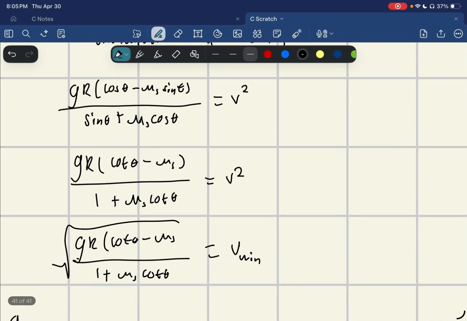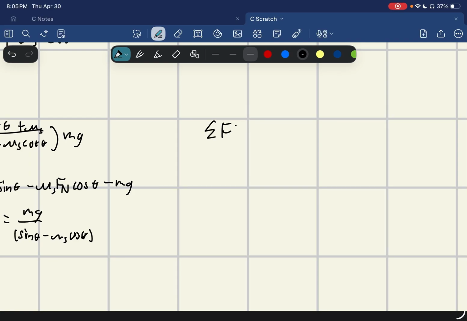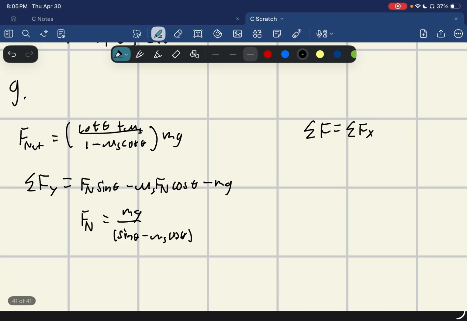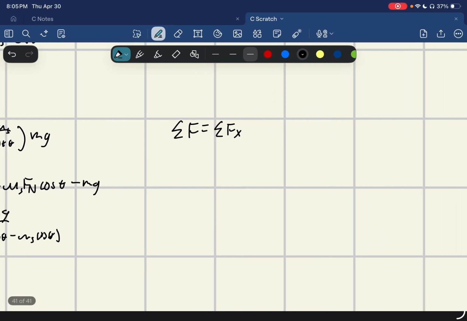Yeah, part E. And then here, the net force is equal to the net force in the x, because the net force in the y equals 0. All the forces in the y direction cancel out, so you can just look in the x direction.